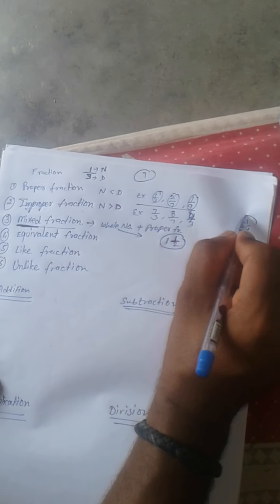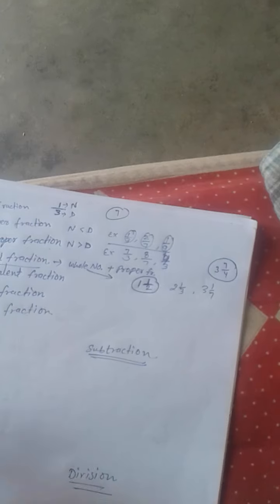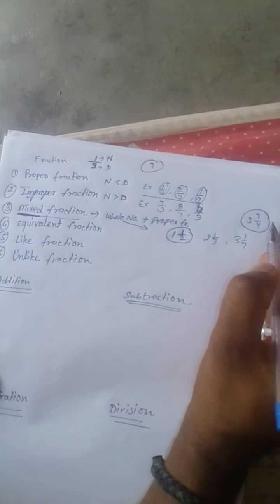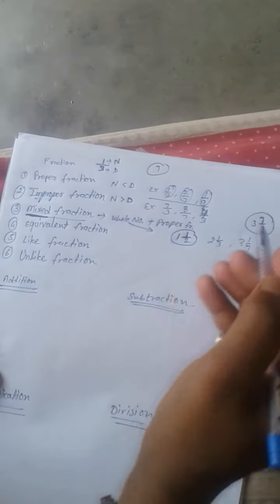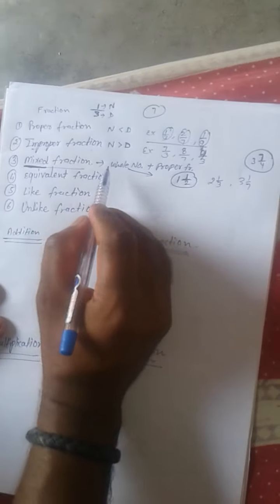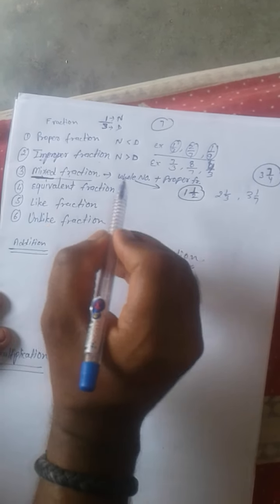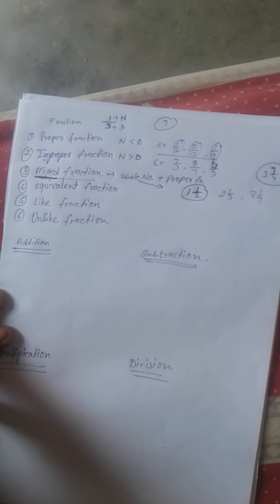Remember, this is not a mixed fraction. Why? Because here the fractional part is not a proper fraction. It is an improper fraction. But as per the definition I told you, a mixed fraction is a combination of a whole number and a proper fraction.